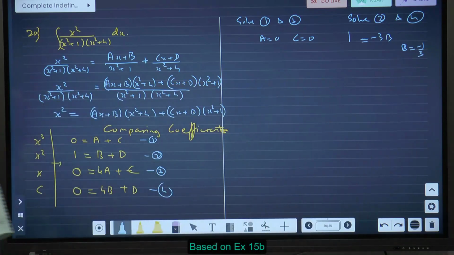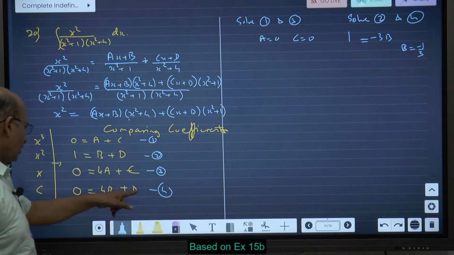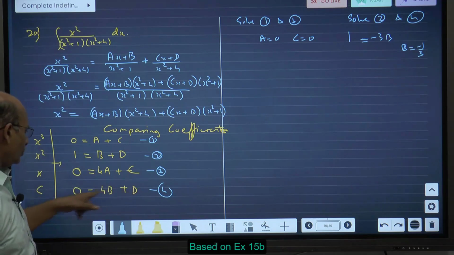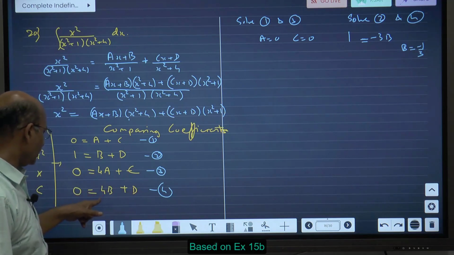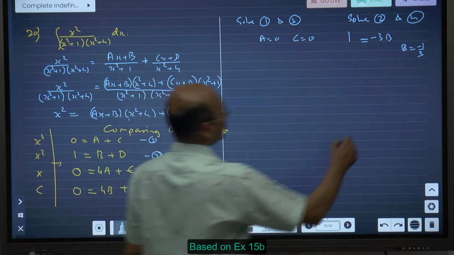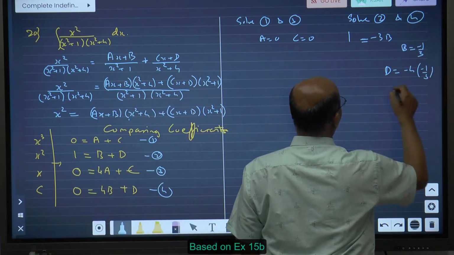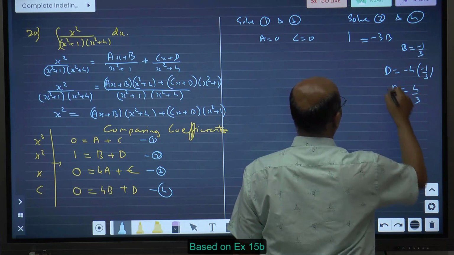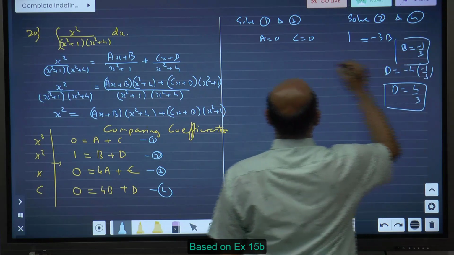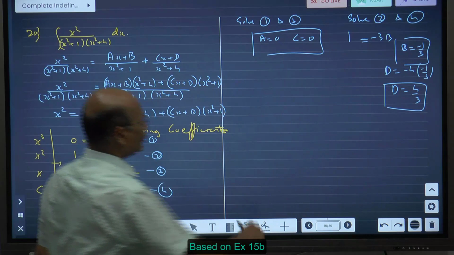And from here D is equal to minus 4B, so D will be equal to minus 4 into minus 1 by 3, D is equal to 4 by 3, okay. So I got all the values of A, B, C, D.